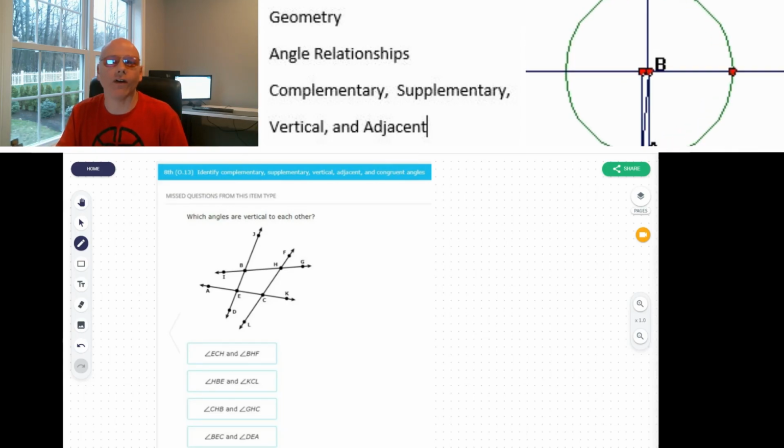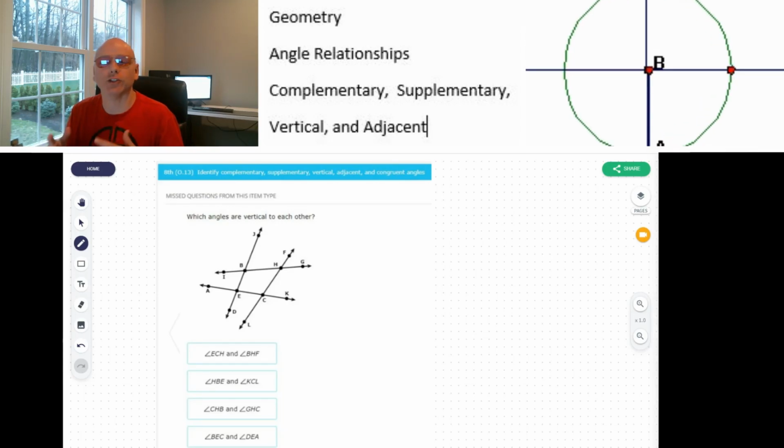Okay, this will be our final example. IXL said you guys struggled with this type of math, and I can see why. Look at this. It's like a tic-tac-toe board or something. There's a lot going on here. Half of the alphabet is spilled out on this problem, right? All kinds of letters and points. Let's break it down and see what's going on.